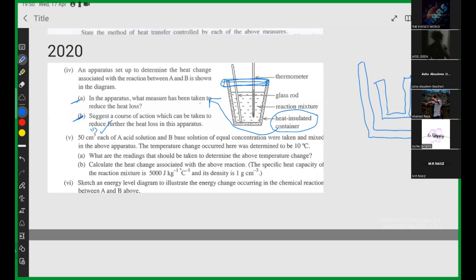So what is already done? They have used a heat insulated container, made out of Regiform or something. And secondly, they're asking for additional steps you can take to protect it from heat loss. So that's what I told you. For B, you can use an insulating lid.